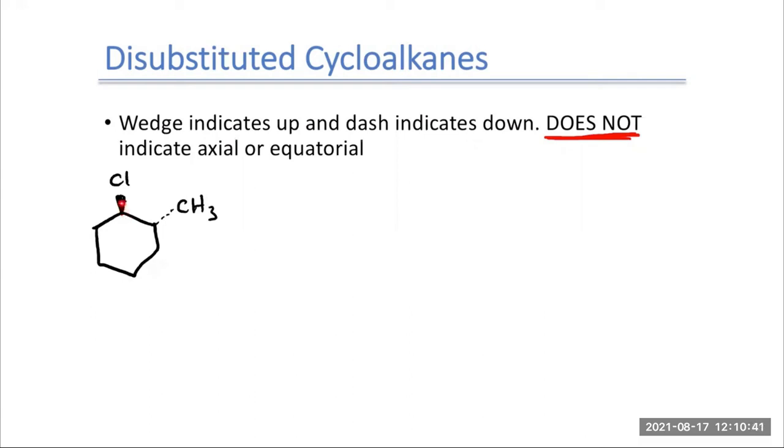These two groups are trans to each other. One's pointed up, one's pointed down. One's on the top side of the ring, one's on the bottom side of the ring. When we draw our chair conformation of this ring, we have to keep that in mind.